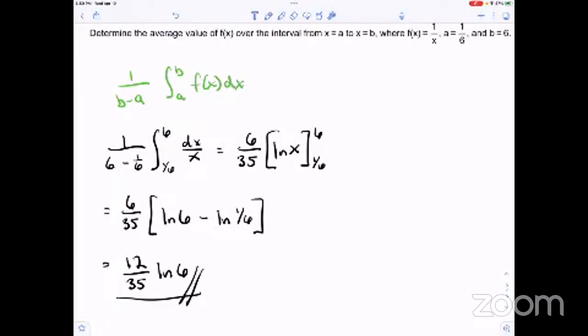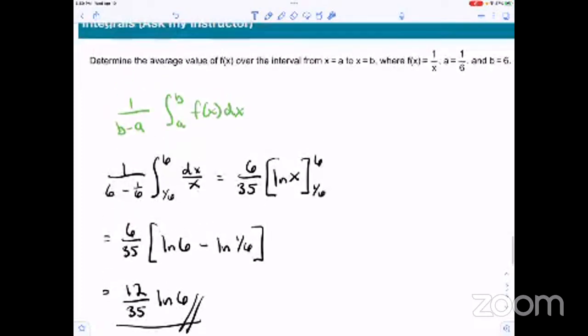The only exception to the rule is when we're trying to integrate x to the -1, in other words, the integral of 1/x. By definition, the integral of 1/x is the natural log of x.